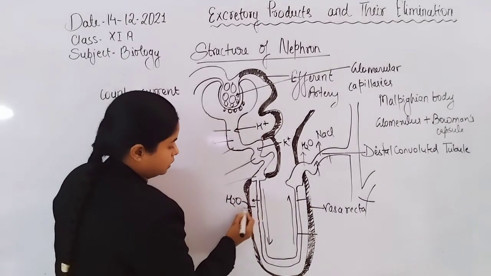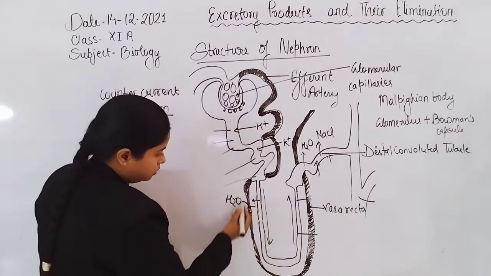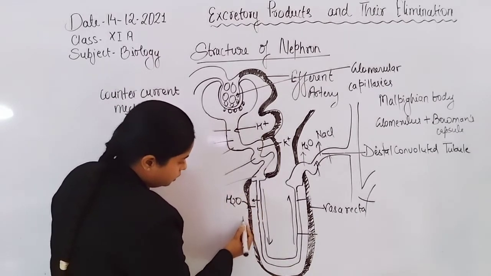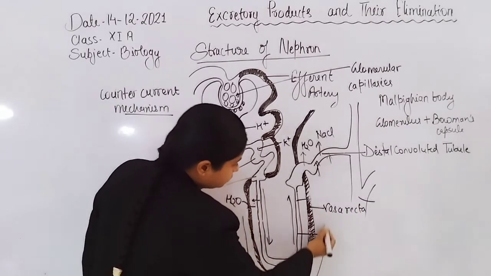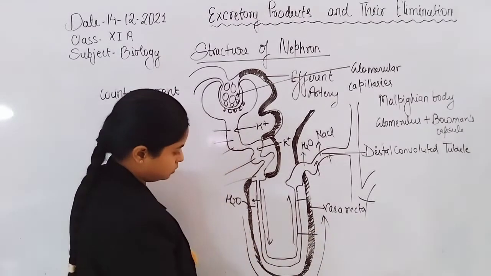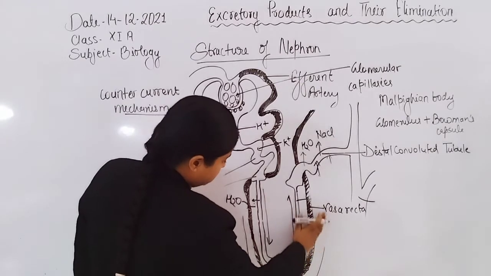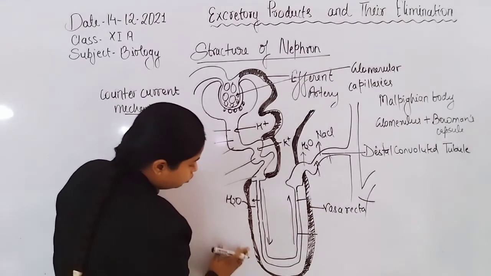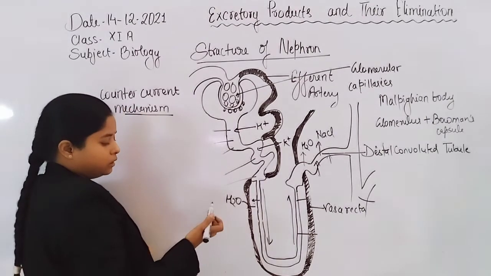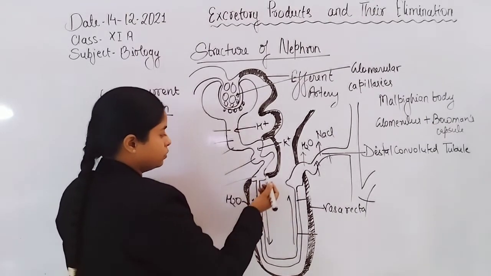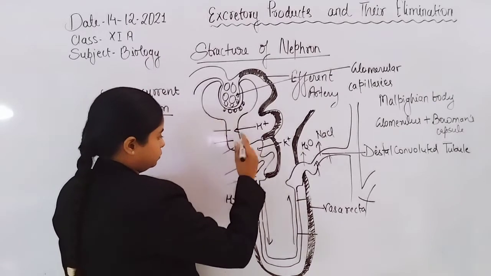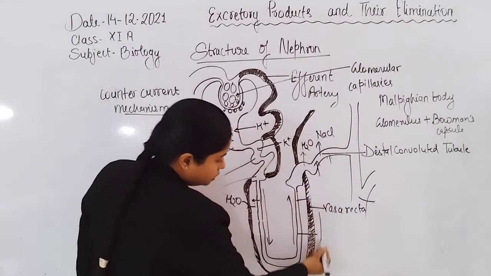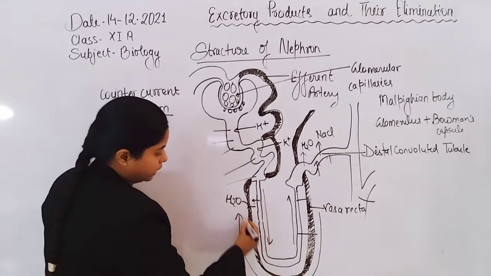Here is the vasa recta. The blood flows into the vasa recta in the direction opposite to the loop of Henle. If in the loop of Henle the fluid flows from left to right, in the vasa recta the blood flows from right to left.